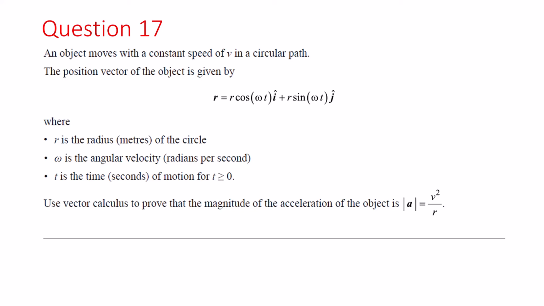Differentiate v again to find a and then find the magnitude of a. The magnitude of a is given by r omega squared. Now take that r omega squared and rewrite it as r squared omega squared on r, and you know that v squared is r squared omega squared, so therefore the magnitude of a is equal to v squared on r, and that's how you prove the result there in question 17.